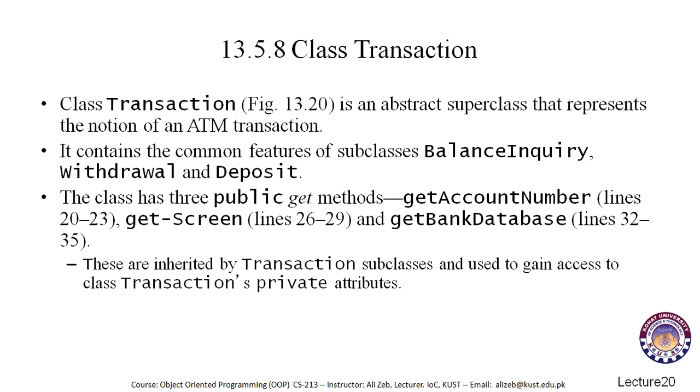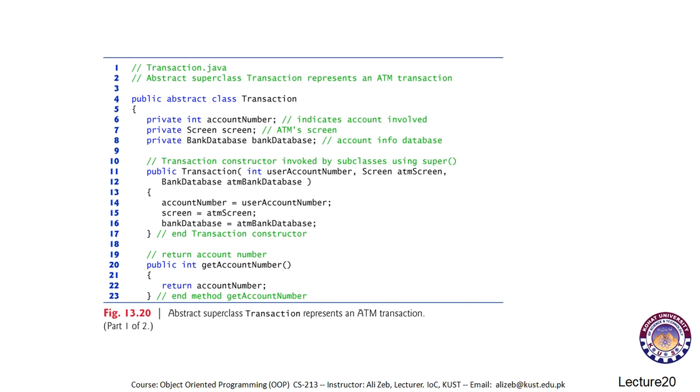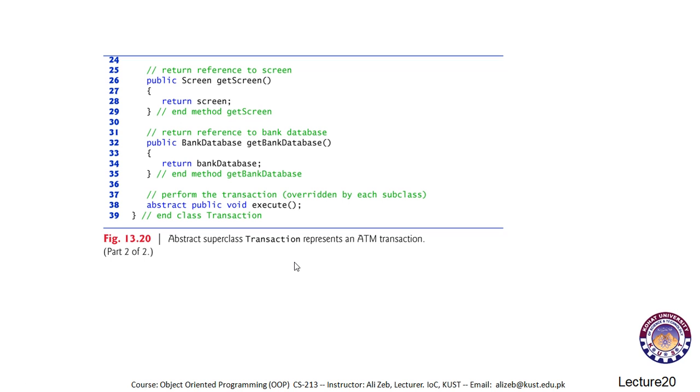These are inherited by transaction subclasses and used to gain access to class Transaction's private attributes, as is always the case with inheritance. So this is our transaction class, and it has the attributes, the constructor, and the getter methods that it needs. You can see that the execute method is abstract, so all of the subclasses of this class must implement this method.